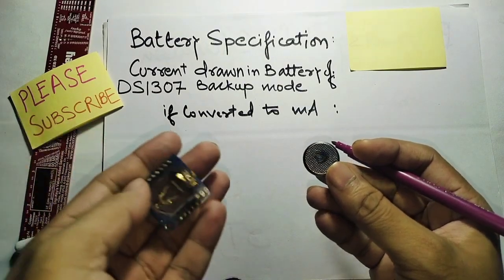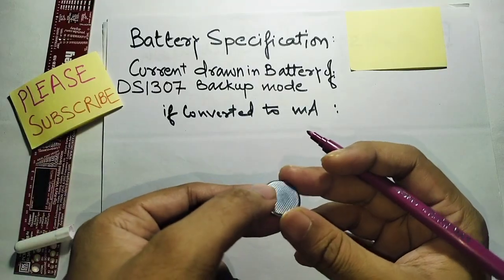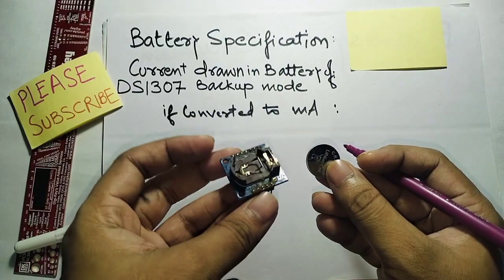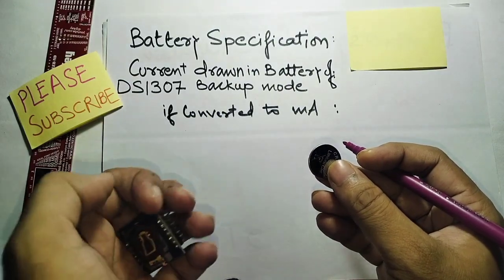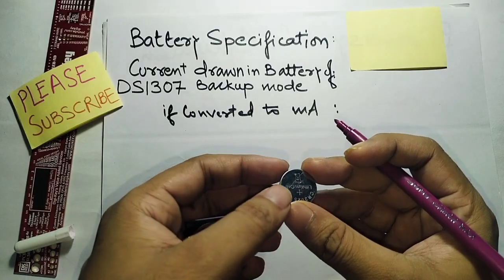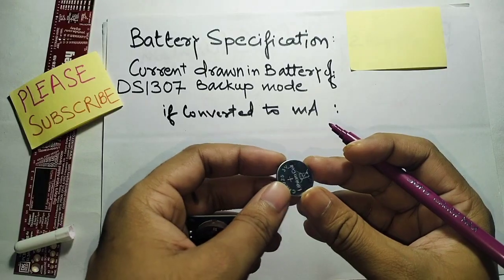Before starting we need two things. The first thing is the power of this battery, and the second thing is the consumption of this module. My battery has a capacity of 210 milliampere hour, mAh.